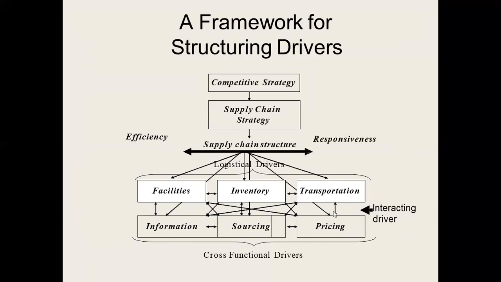So they are actually the interacting drivers, interacting with each other. The transportation is interacting with the pricing, inventory obviously with the sourcing, the facilities with the information, information also with the transportation, and facilities also with the pricing. So everything is related, with just the two layers, the logistic layer and the cross-functional drivers.